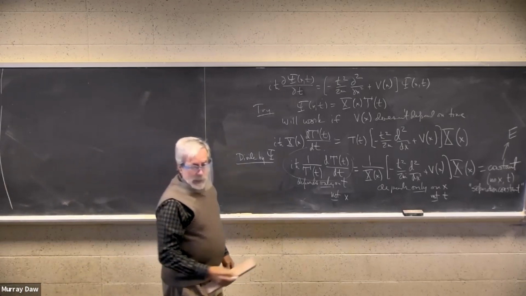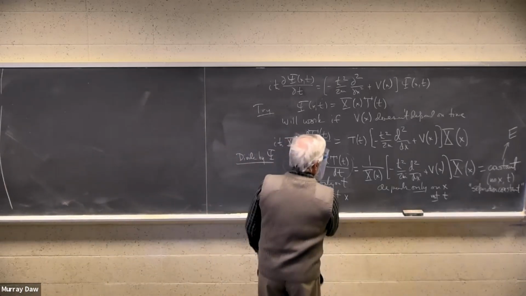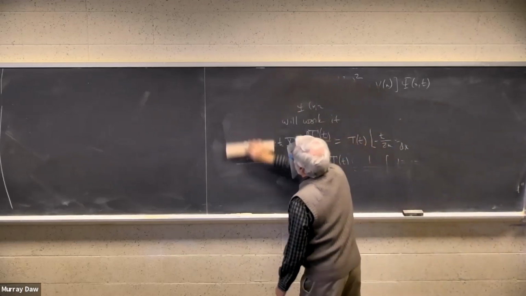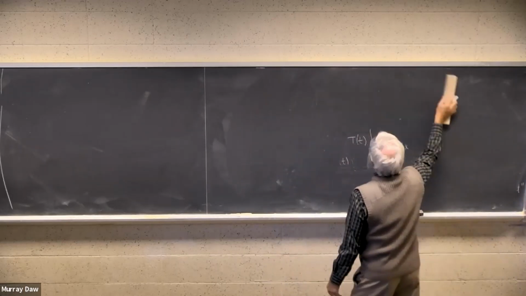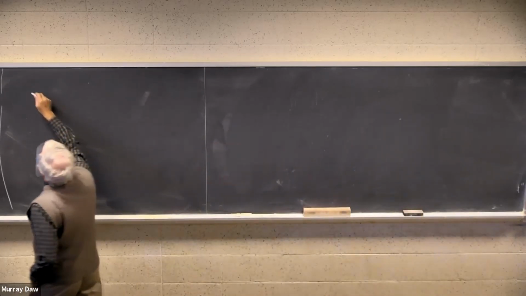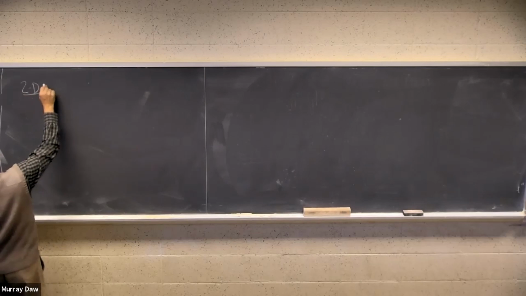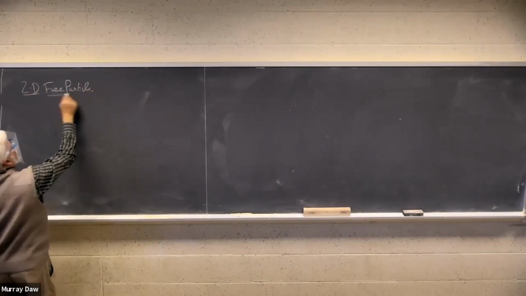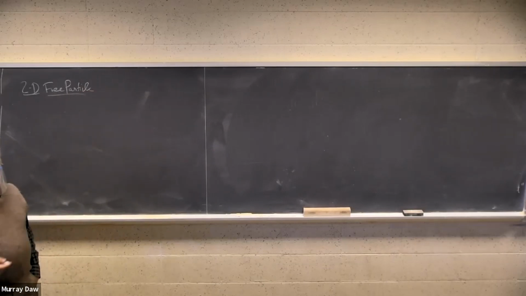It's something like what we had seen before. Now we're going to try the separation of variables going back to the two-dimensional problem. So let's do a 2D free particle. That's what I wrote up originally, and we're going to tackle this with the separation of variables strategy.